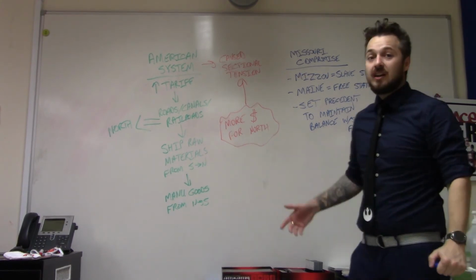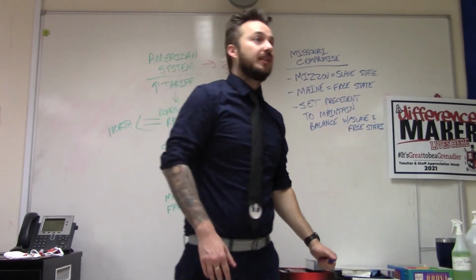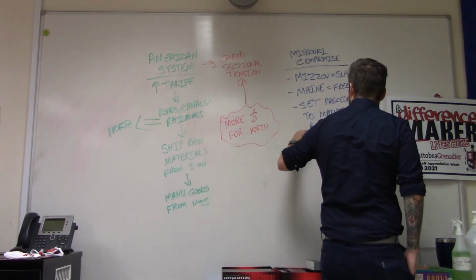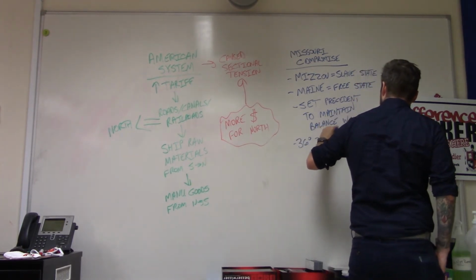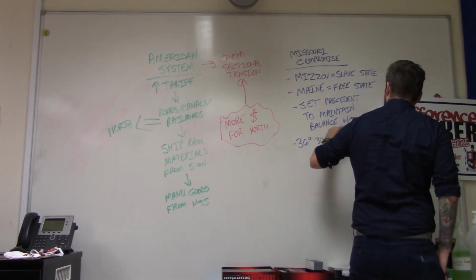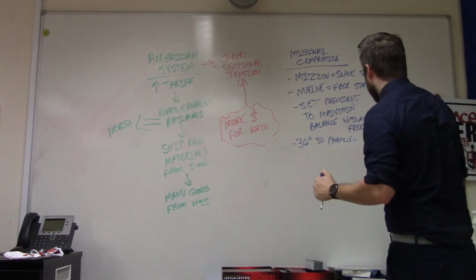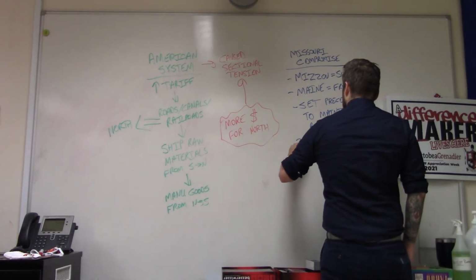Now this is all good. This sounds perfect on paper except for that one last point. And that is our 36 by 30 line. That might also be spelled wrong. It's not a spelling test though, we're fine.